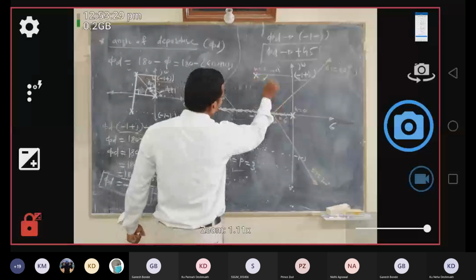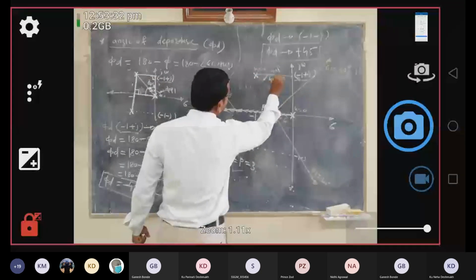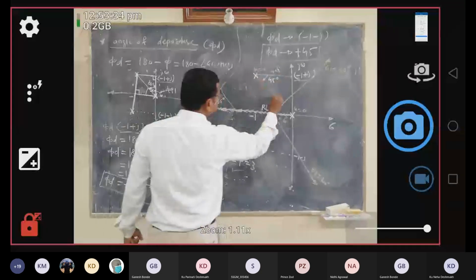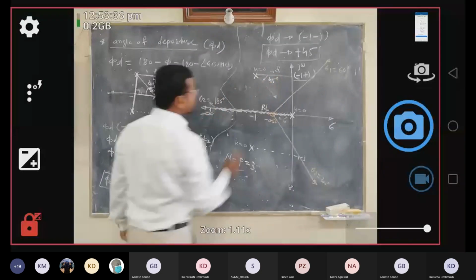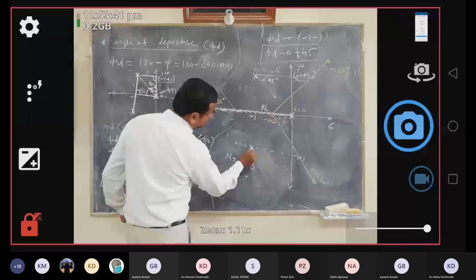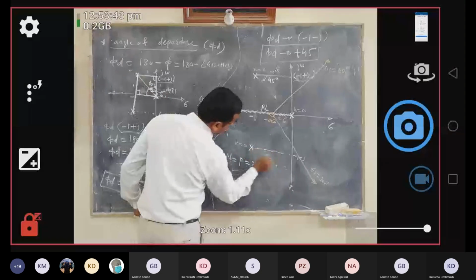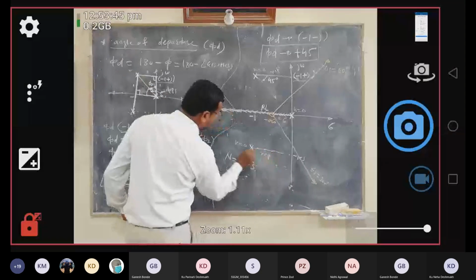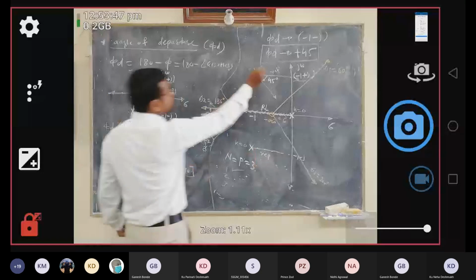So now let's say this angle is your 45 degree. This line we have drawn with respect to this reference line. Similarly for the other pole, this will be your reference line, and for this pole the value of phi d is plus 45.